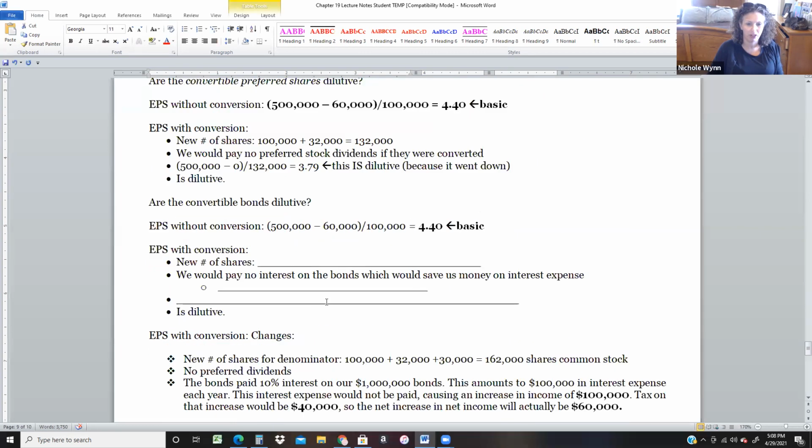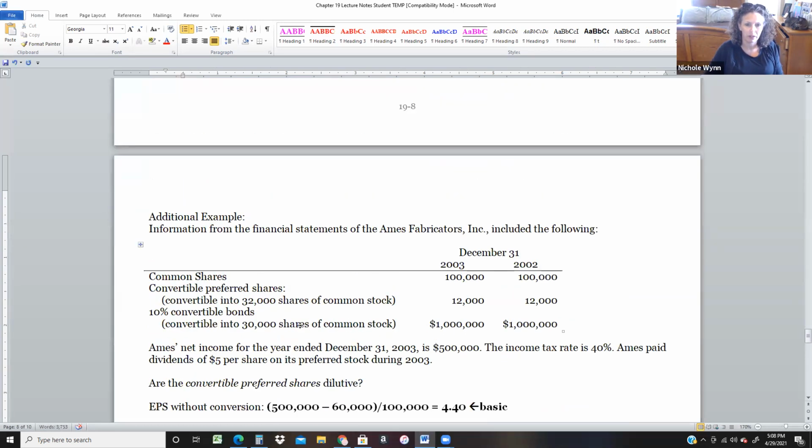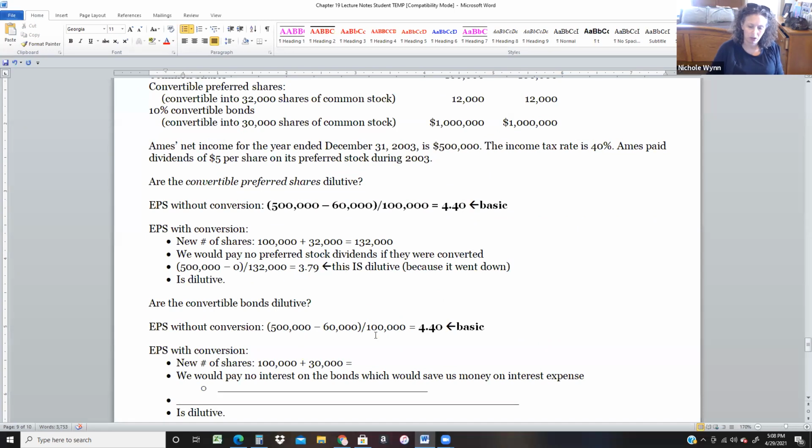We already have 100, so we would have 132. No, 30. Let me make sure I'm looking at the right one. Yeah, 30,000. So 130,000 is the new number of shares. We would pay no interest on the bonds, which would save us money on interest expense. So what we will do is say I equals PRT.